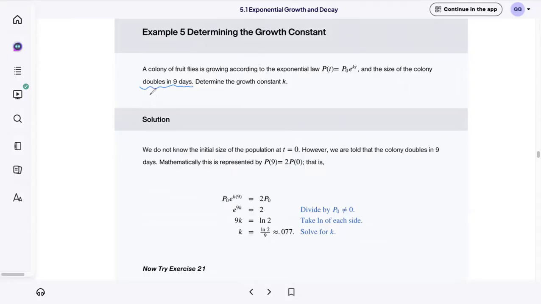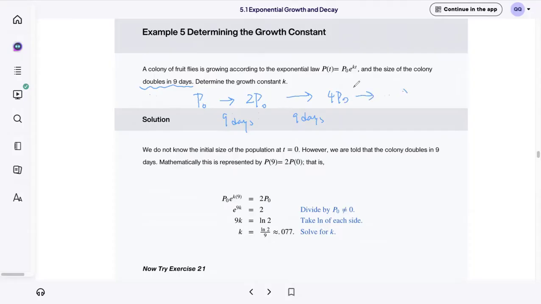That means if this is the initial value, after 9 days that will be 2 P naught. Well, after another 9 days, it will be 4 P naught, and so on and so forth, right?